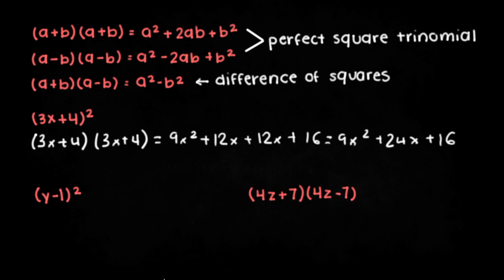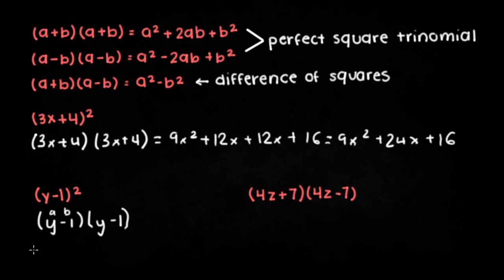So now for these next two problems, let's try it using the shortcuts. I don't see a shortcut for this equation yet, but I think we'll find one if we expand it. (y minus 1) times (y minus 1). That's the second shortcut. It says that we can have a squared minus 2ab plus b squared. Let's label y to be a and negative 1 to be b.